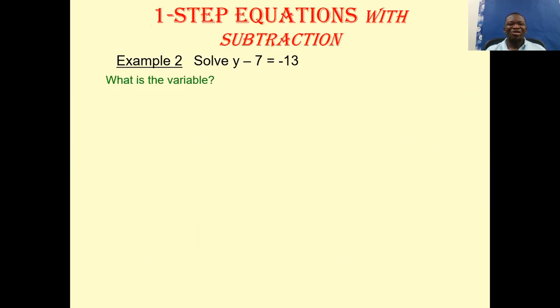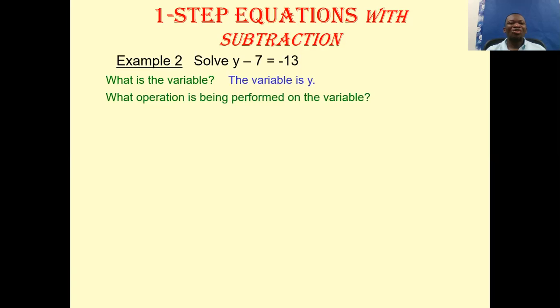What is the variable? The variable is y. The second question, what operation is being performed on the variable? The operation is subtraction. What is the inverse of subtraction? It's addition. So you have to add 7 to the left-hand side and 7 to the right-hand side.